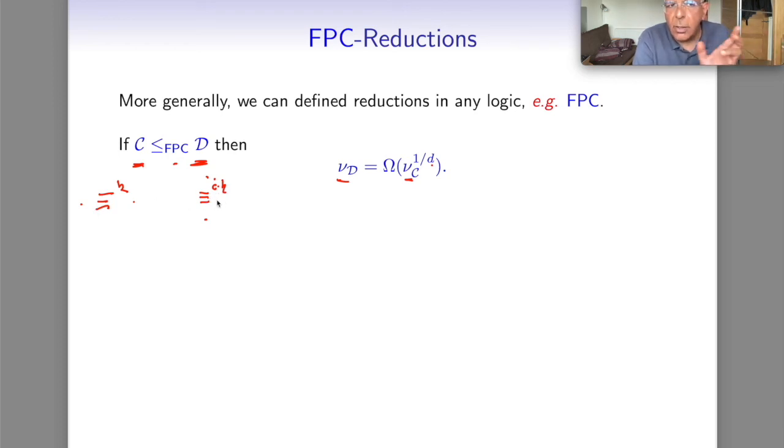But the size of the structures that we can't separate has also grown. It can be as big as n raised to the power of d. So this constant in the number of variables is taken care of by the omega, and the blow up in the size of the structure shows up as this 1 over d over here.